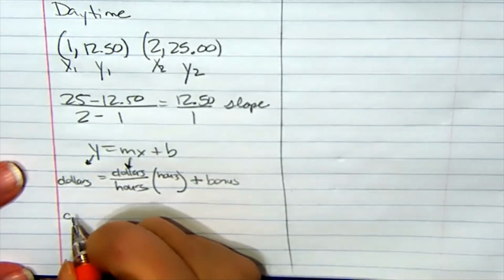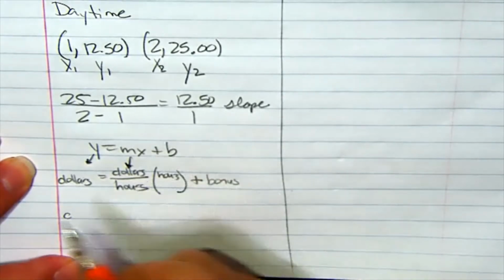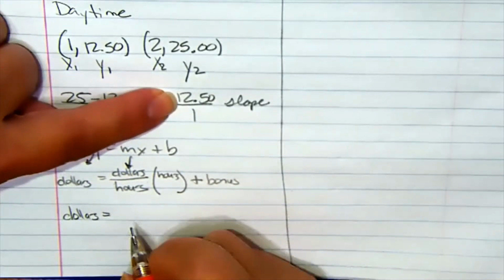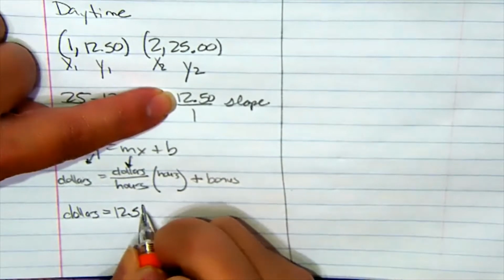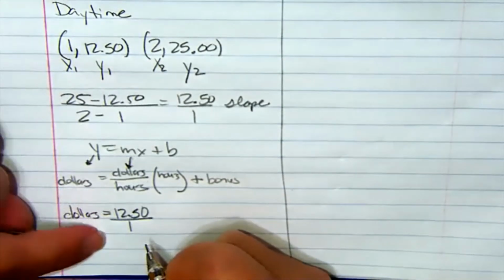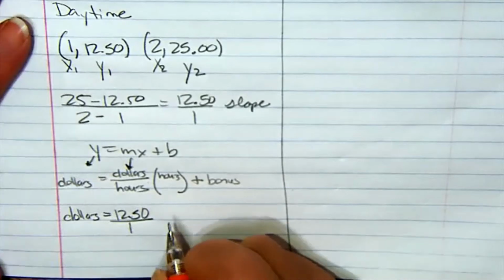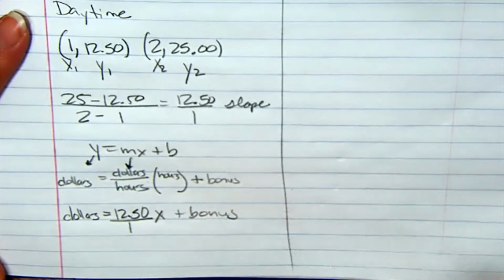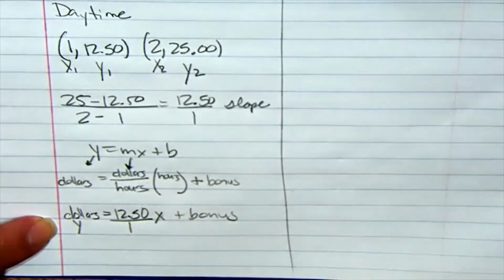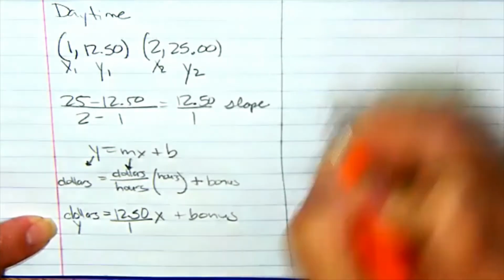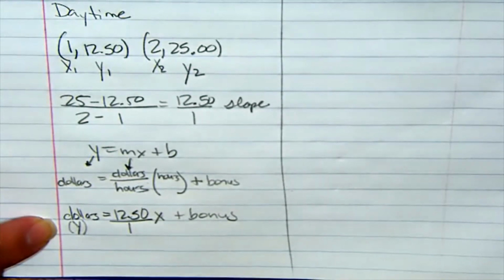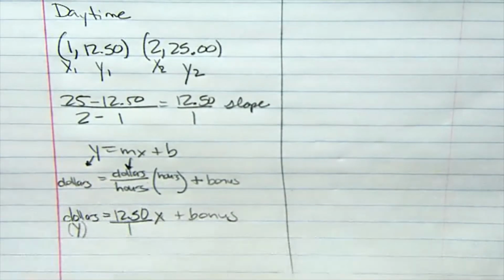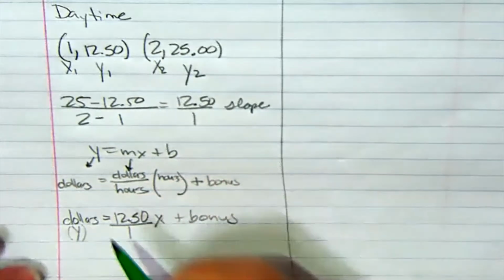So the total number of dollars is equal to, my slope is $12.50 per hour times the number of hours plus this bonus. Remember, dollars is y. So my slope is $12.50 per hour.